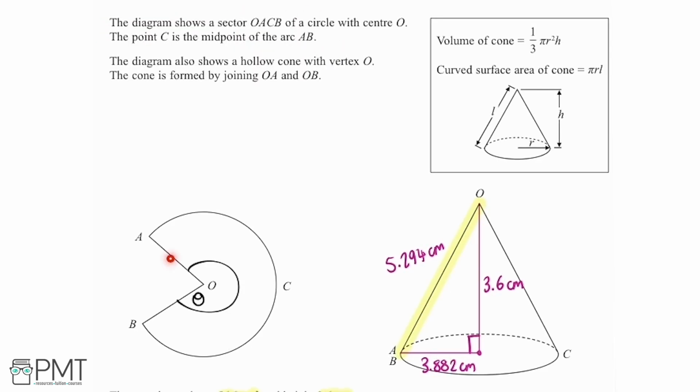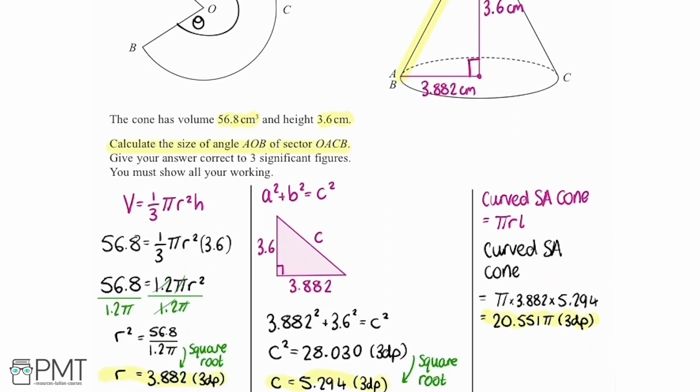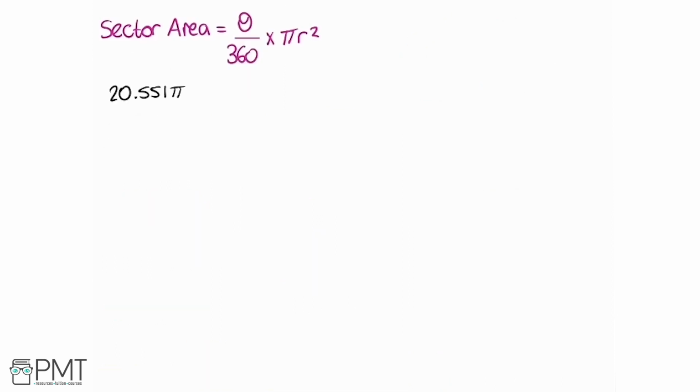So this is the radius here. But we actually know that because that's the same as this length here. So it's going to be 5.294 centimeters. And while the sector area is what we just worked out, it's 20.551 pi. So filling that in, we've got 20.551 pi equals theta, what we're trying to work out, divided by 360. We're going to multiply that by pi, and 5.294 squared. So I can see on both sides we've got pi, so I can cancel that.